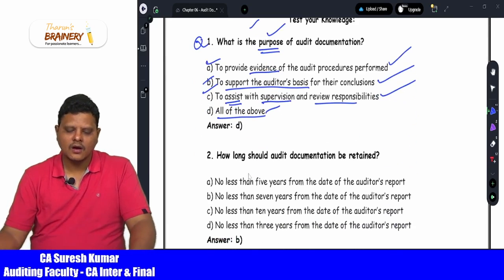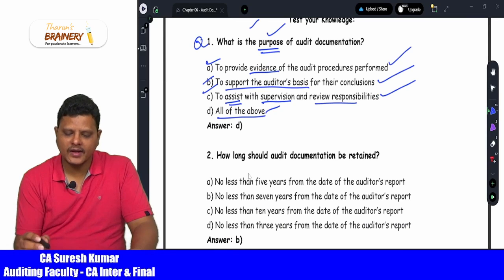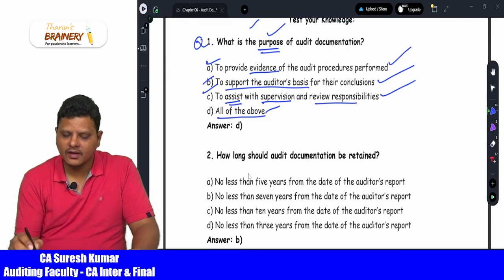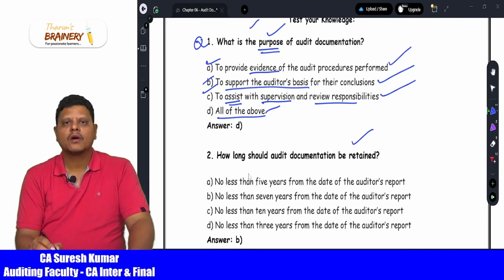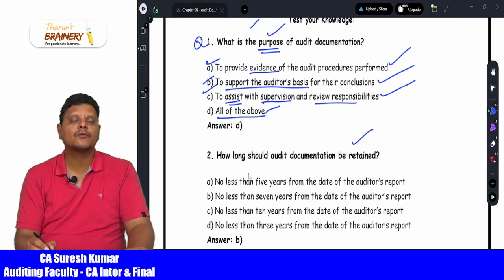Now, how long, that means what is the period for which the auditor should maintain the audit documentation? What is the period? 7 years. From which point? From the date of the audit report.